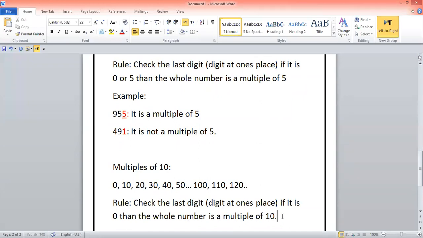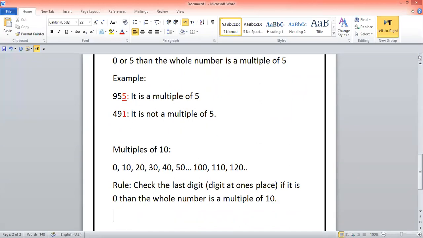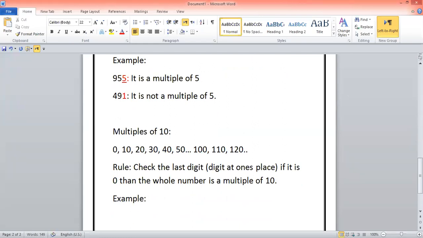Okay, I give you an example. 810. The last digit is 0. Because the last digit is 0, that's why the whole number is a multiple of 10.